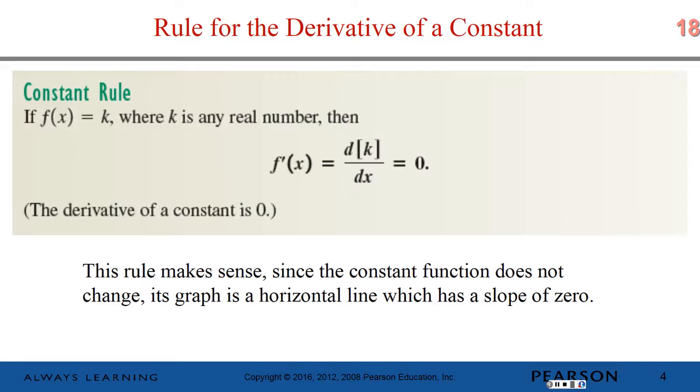No. If it changes from -1 to +1, no. Because what's the slope of a horizontal line? 0. And the derivative is simply a formula for finding the slope of a function. And if you know the slope of a horizontal line is 0, then the derivative of a constant's got to be 0, because that's a horizontal line that you're finding the derivative of.